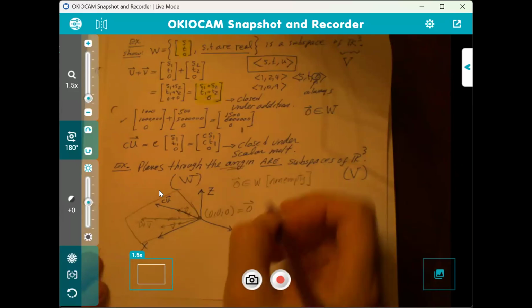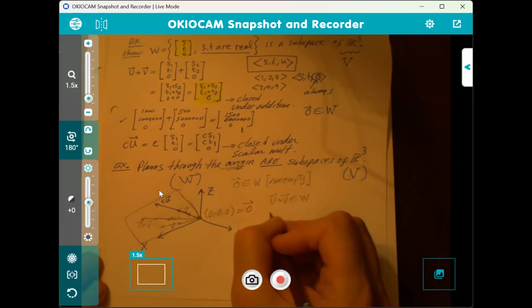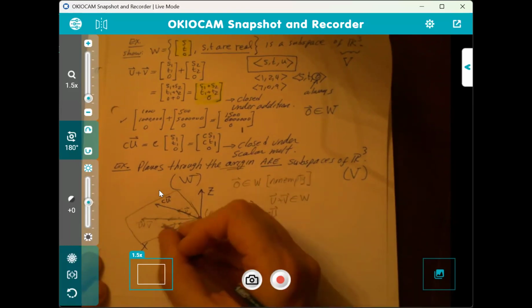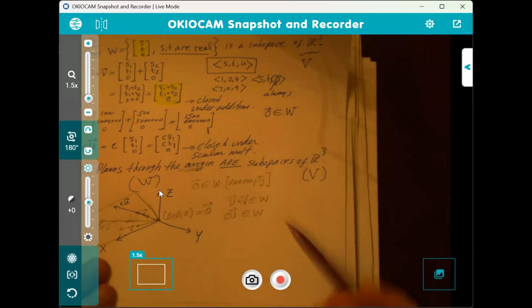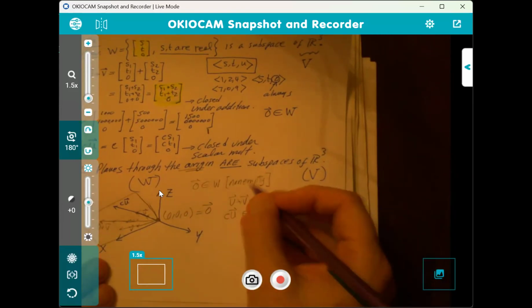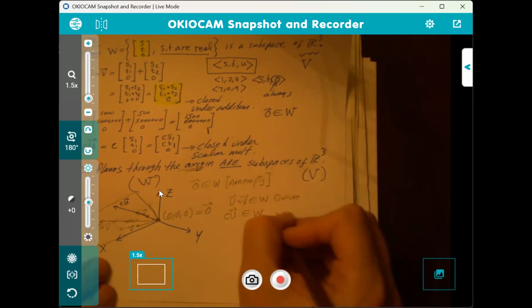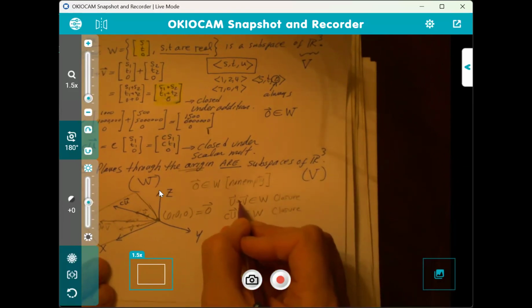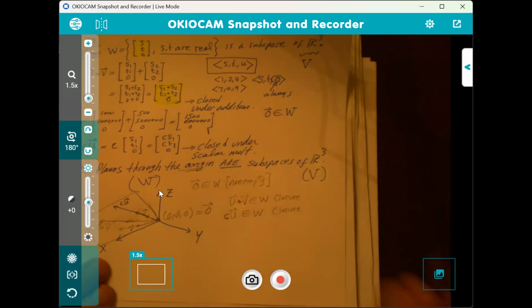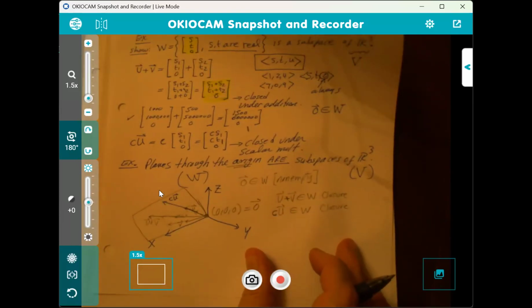U plus V is in W, and a scalar multiple of either U or V, doesn't matter, is in W. So we have all three. We have a non-empty subset, closed under addition and closed under scalar multiplication. Therefore, that is a subspace. Is everyone okay on this work?